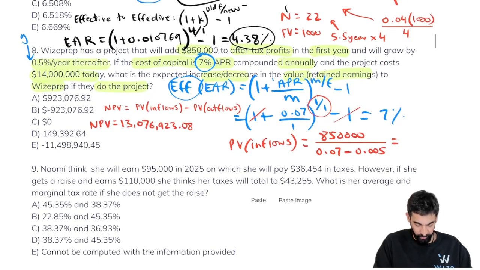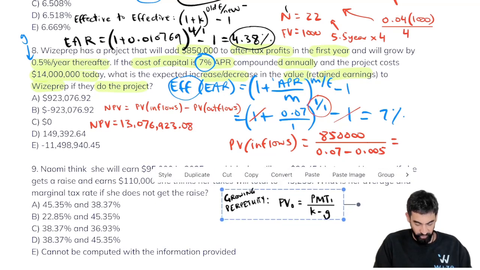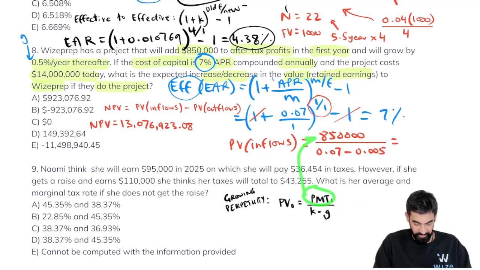And I can paste the formula underneath. This is the formula I'm using. So that's the payment 1. The PMT 1 is this number, 850,000, divided by the K minus G, that was this. And that gave us this number here, the present value of all those future payments. If you get 850,000 forever, that's worth 13 million today.